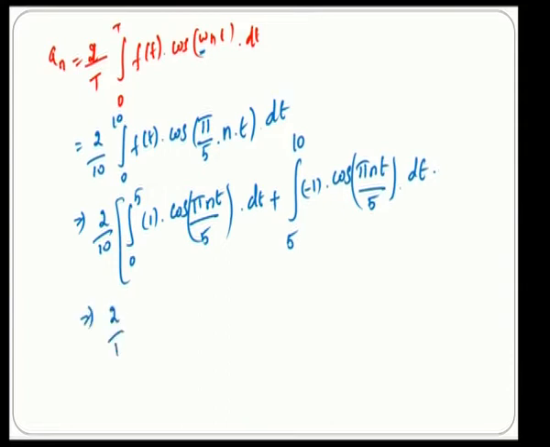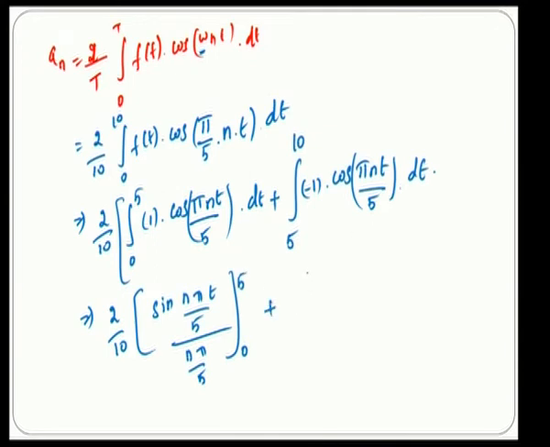So, 2 by 10, the integral of cos pi n t by 5 is sin pi n t by 5, then again divided by n pi by 5, integral 0 to 5, plus this is a minus, right.